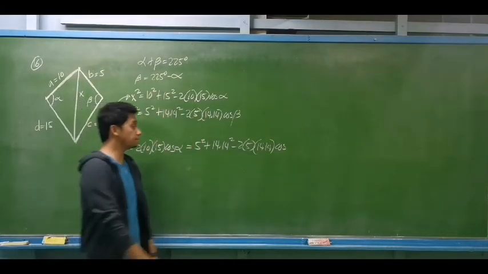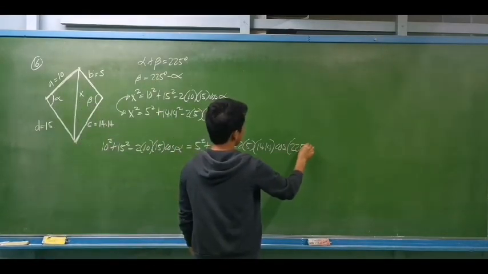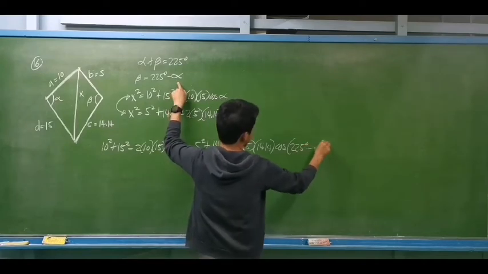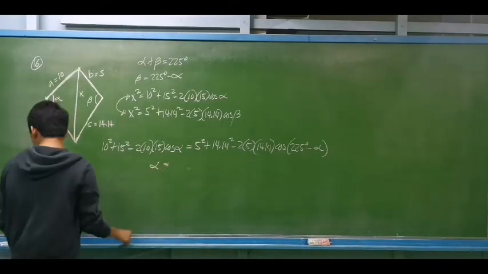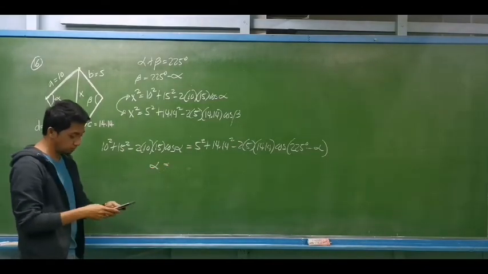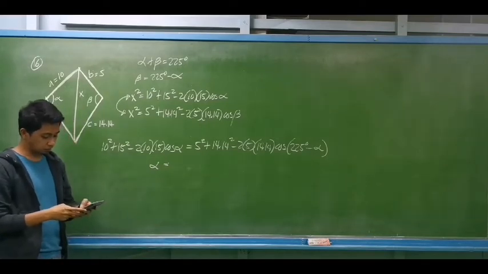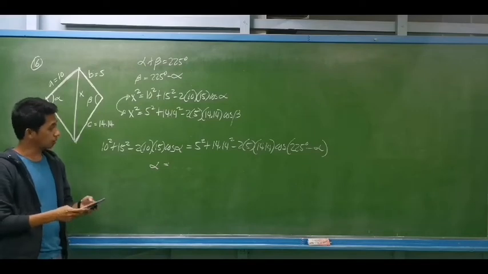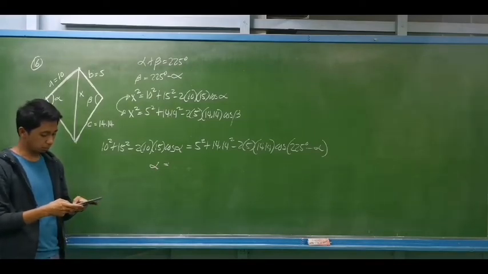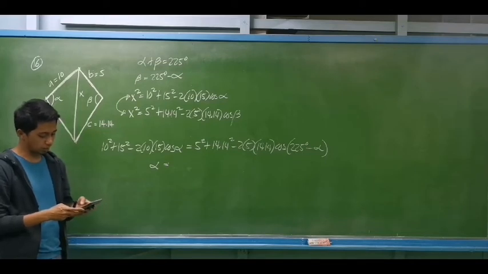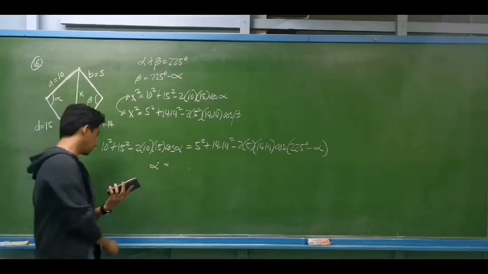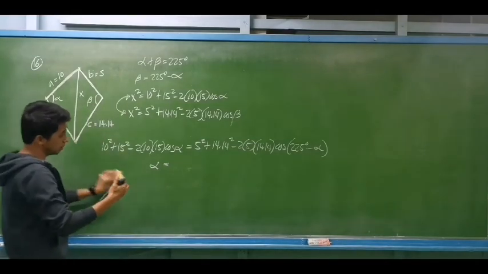Beta is equal to 225 degrees minus alpha. Kung mapapansin ninyo dito, isa na lang yung unknown, yun yung angle alpha. So pwede tayong mag-shift solve: 10 squared plus 15 squared minus 2 times 10 times 15 cosine of alpha equal to 5 squared plus 14.14 squared minus 2 times 5 times 14.14 cosine of (225 minus alpha). Shift solve. Okay, bibigay niya na angle.